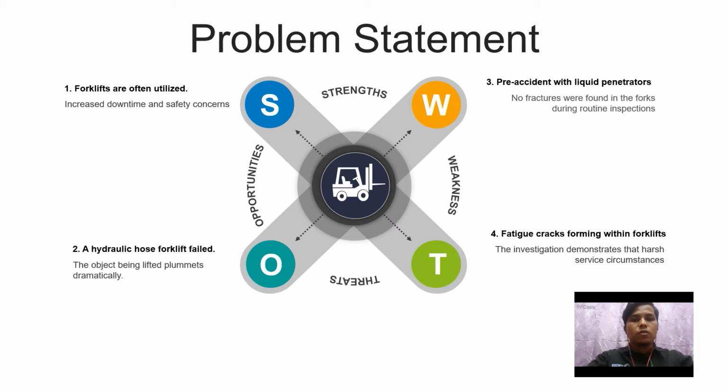No cracks were identified in the fork during the normal inspection conducted a few months prior to the accident using liquid penetrant. Then the investigation demonstrated that harsh service circumstances were the cause of fatigue cracks developed inside the hull of the forklift forks.